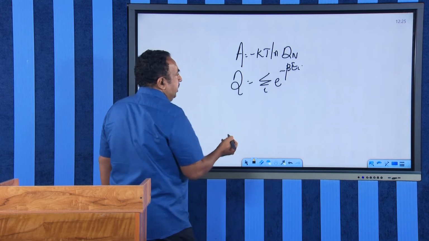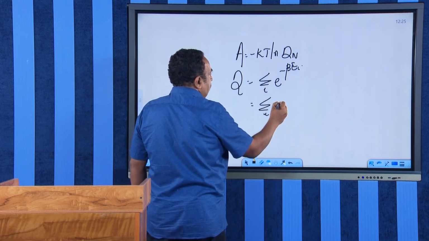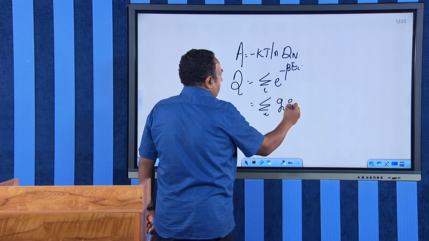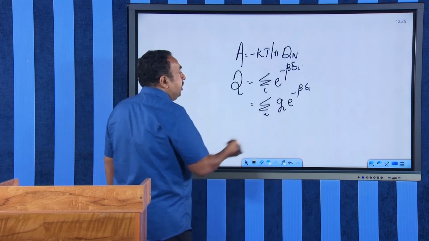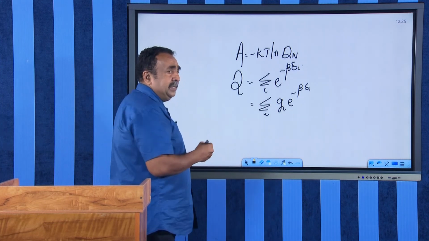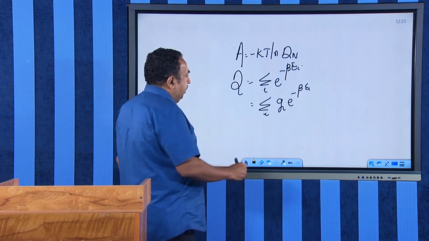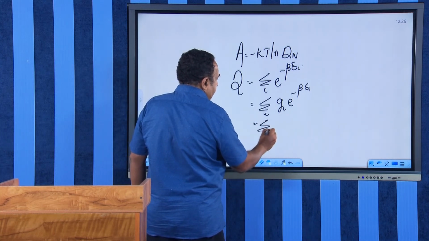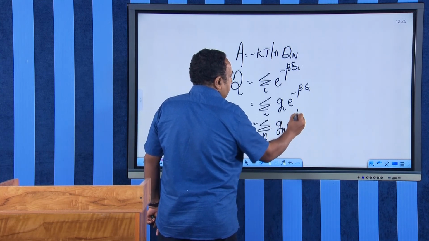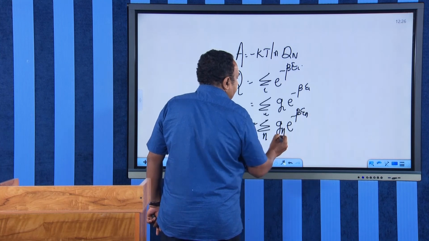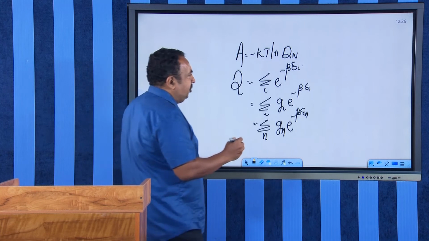If you have multiple energies with degeneracies, I can write this as the sum of Gi e raised to minus beta Ei, where Gi represents the multiplicity. If it is a classical system, you can say it is a multiplicity. If it is a quantum energy, this can be written as the sum over n of Gn e raised to minus beta En, where Gn will have a particular equation.